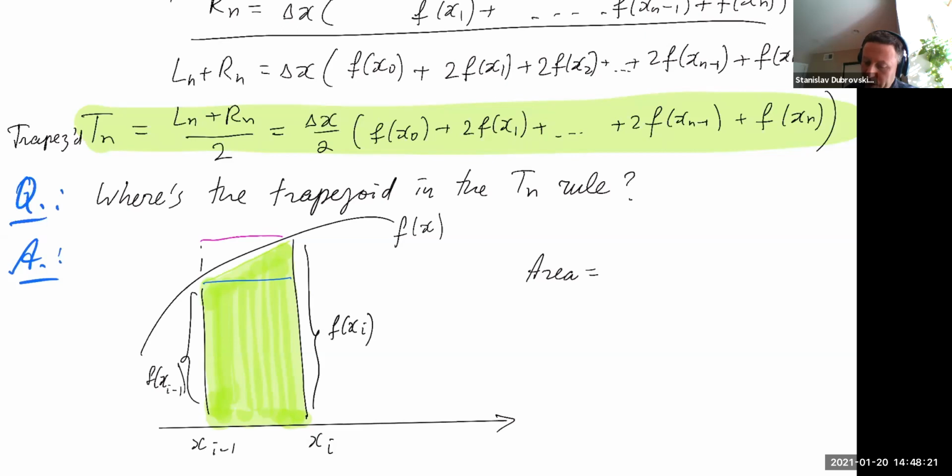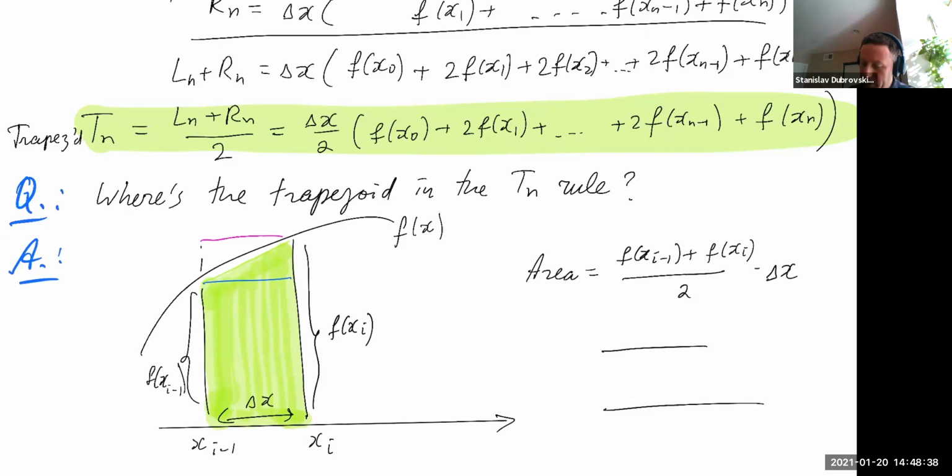So that would be the average between the two bases, (f(x_{i-1}) + f(x_i)) / 2, times the height. The height, of course, is delta x. Right, you're looking at the trapezoid sideways. Usually your bases are like this, and you're looking at the trapezoid like that in high school geometry. But this is the trapezoid that we're looking at in calculus.